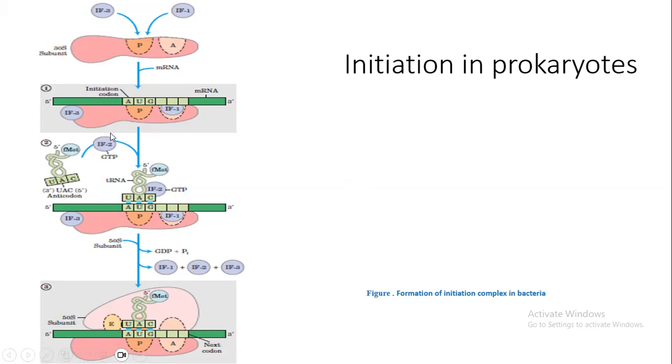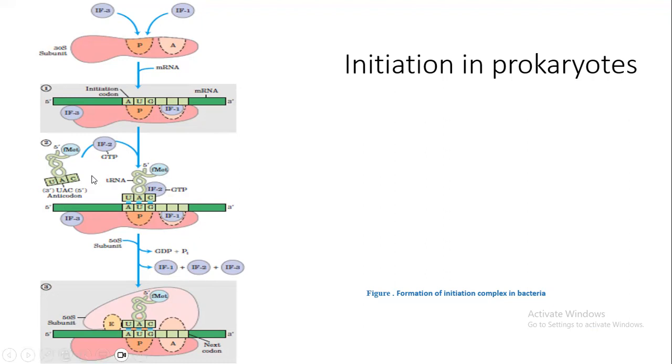Then the 30S subunit reads the messenger RNA molecule through specific interaction between the Shine-Dalgarno sequence and the 16S rRNA sequence of the 30S ribosome. The AUG codon is placed precisely at the ribosomal P site.